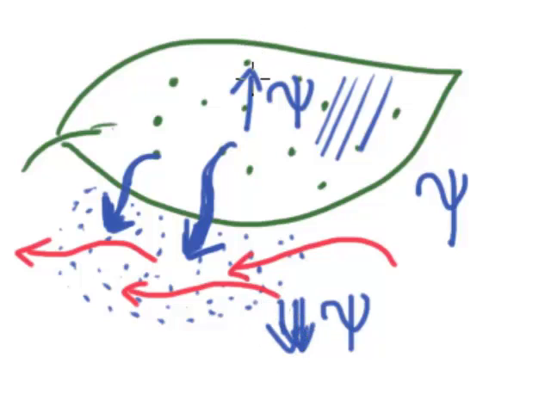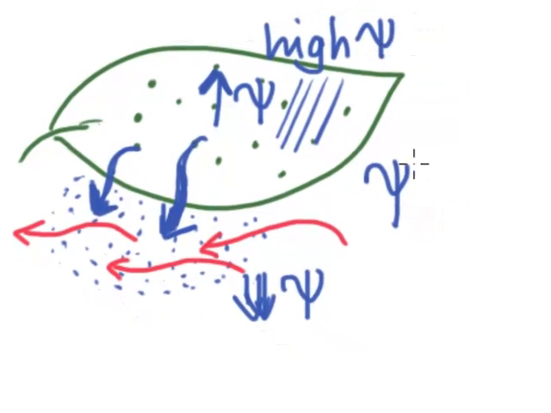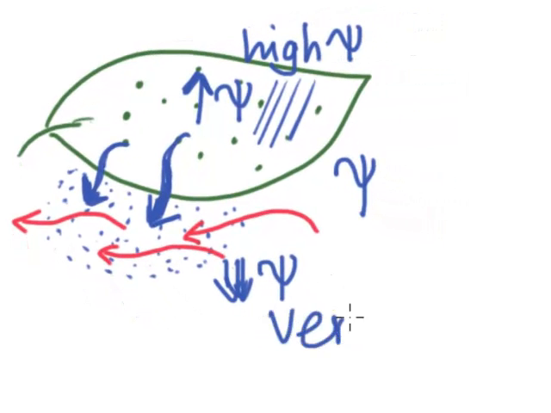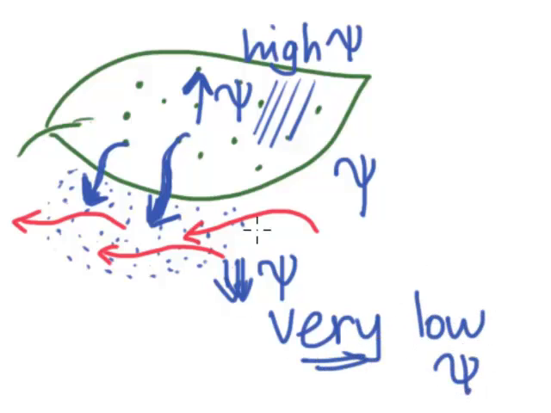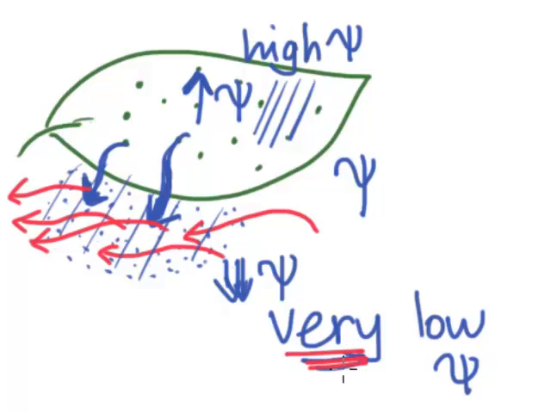Now, instead of just having a high water potential and a low water potential, we would have a high water potential and a very low water potential, because as the water evaporated to the outside of the leaf, it would be immediately blown away by the wind, which would lower the water potential even further.